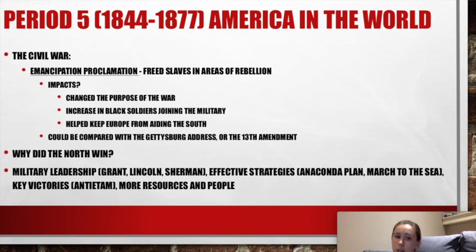If the Confederate States of America had any chance of winning, it was going to be a very fast war. And that's just not what happened. The Union was able to be successful in the end in uniting the United States back.